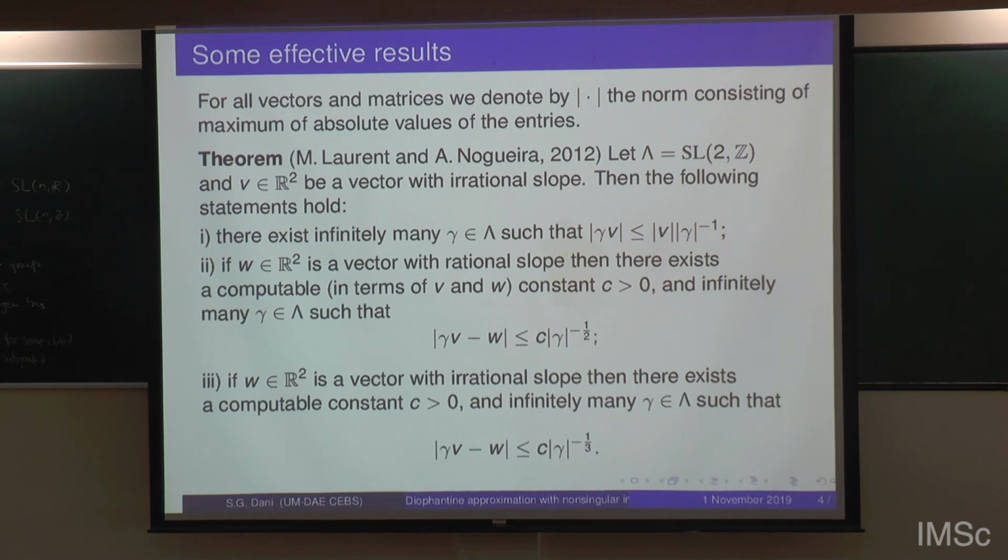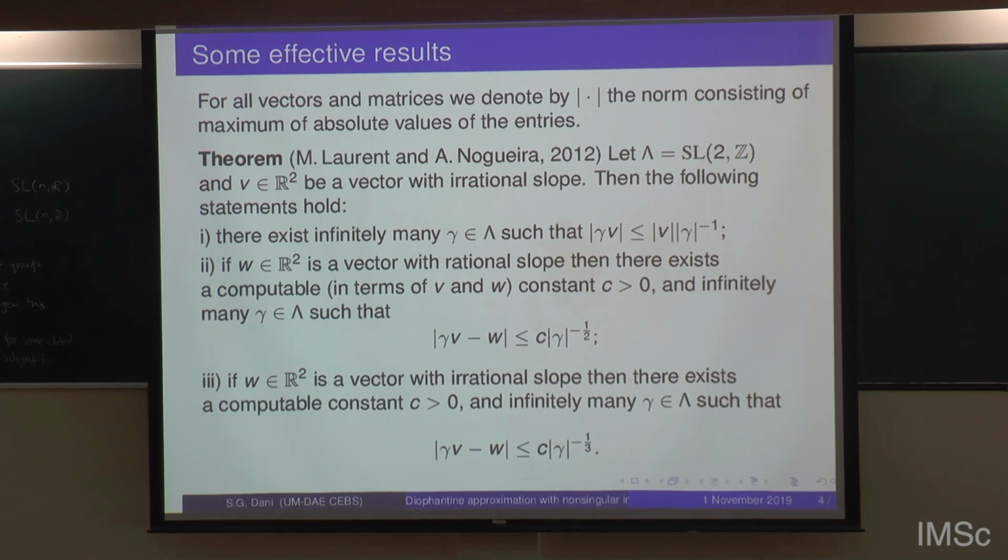Now when I want to approximate 0 in terms of vectors of the form gamma V, what this tells you is that there are infinitely many vectors for which this is less than or equal to, say, let's say norm of V is 1. So then basically you are saying that this can be made less than the size of gamma inverse.